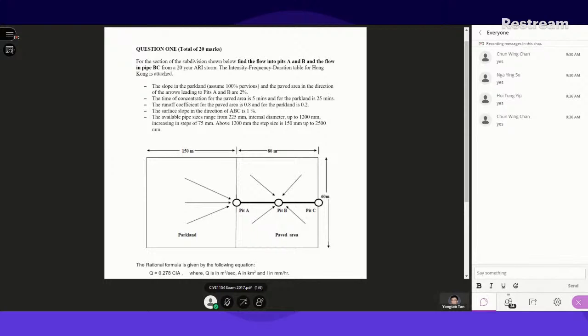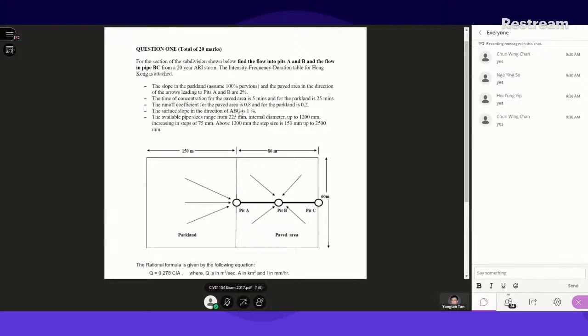The parkland runs off to pit A, and the paved area's surface runoff goes to pit B. Also you can see there are two paths, path AB and path BC. The question asks you to determine the flow into pit A and the flow in path BC, from a 20-year ARI storm.